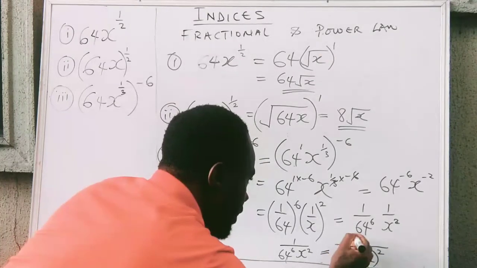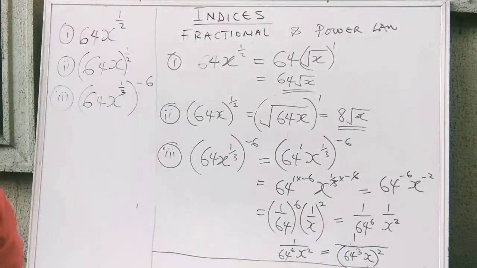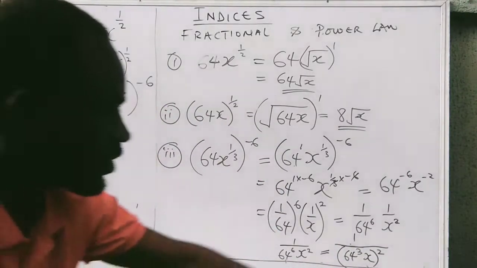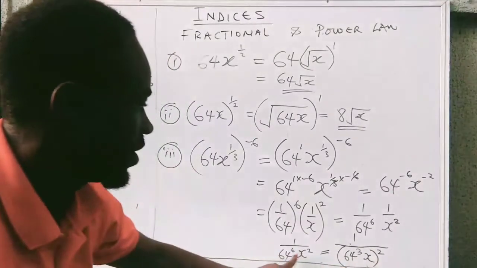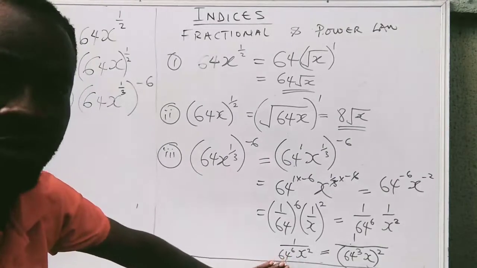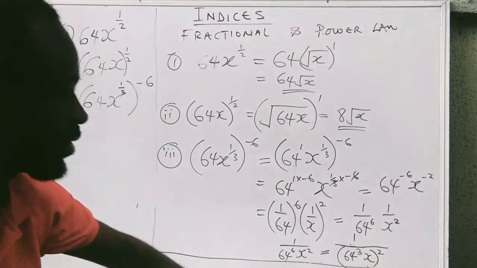I'm just doing a kind of more advanced factorization here, because by the time you multiply this, it will still give you back this. But if you stop here, you are still okay.